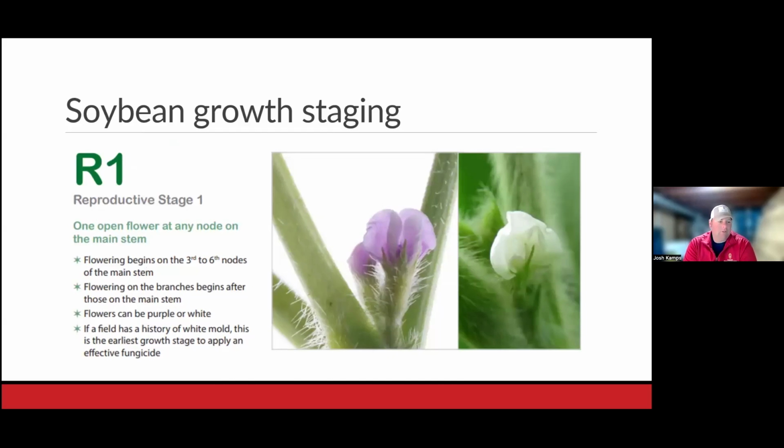All right, and this is one of those first stages where, if there's been some white mold risk in that field, or if maybe we have a soybean variety that is susceptible to white mold, this would be one of those first timings that we may consider a fungicide application. Again, utilize some of those tools that Damon Smith, our plant pathologist, has put together.